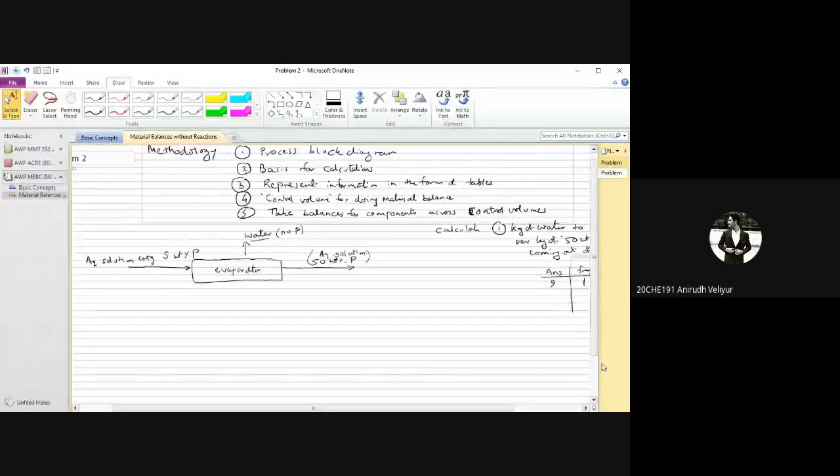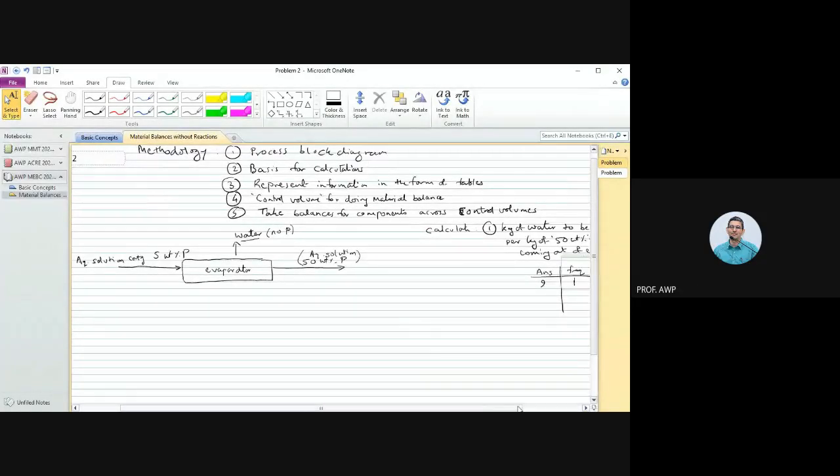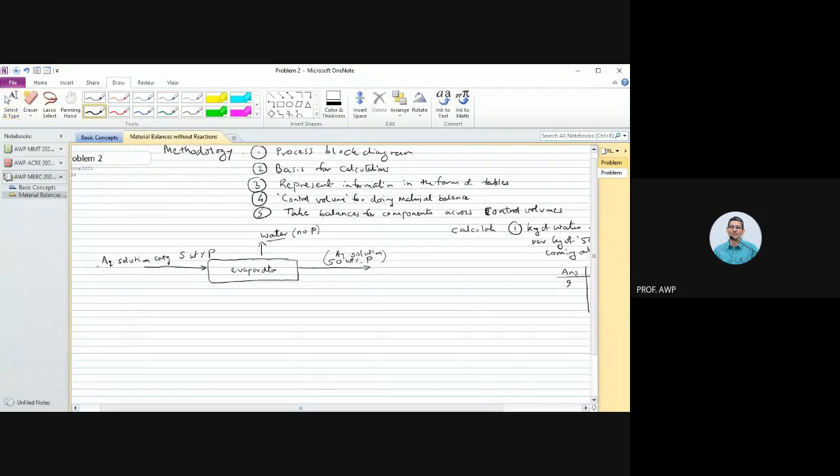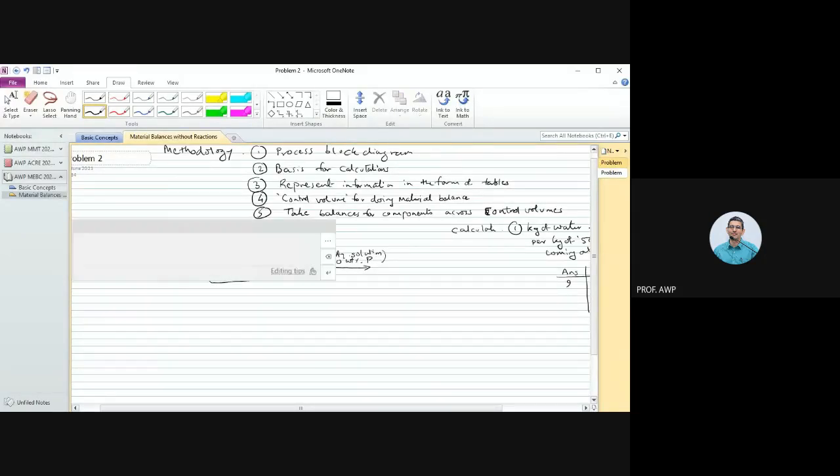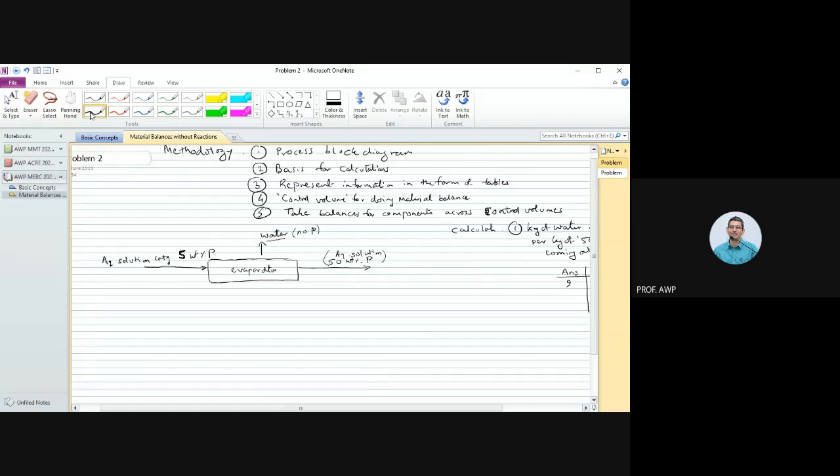Sir, could you please repeat the question? The question is, there is an evaporator. We have an aqueous solution containing 5 weight percent P. We are sending it to the evaporator so that we can concentrate the P in that solution to 50 weight percent. That is what is going to come out.